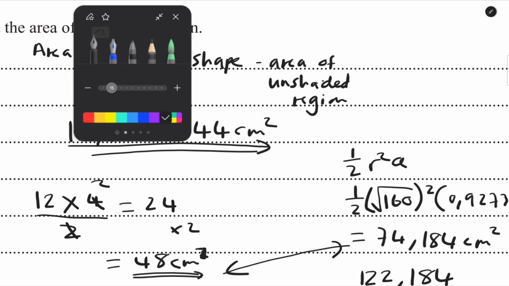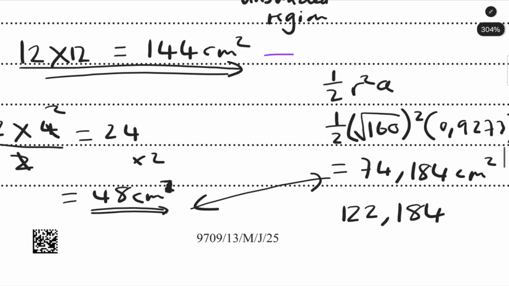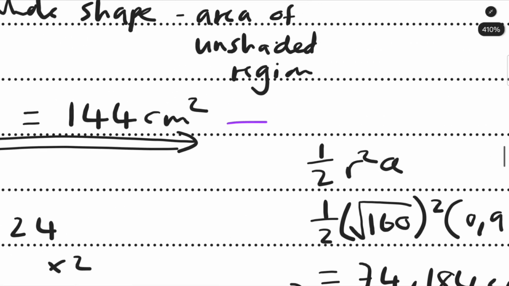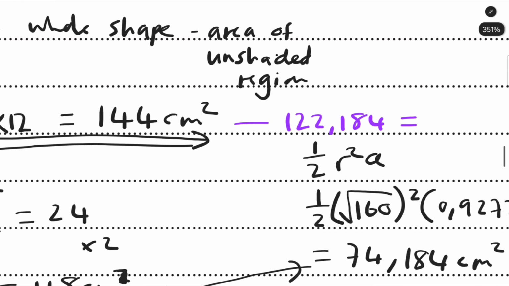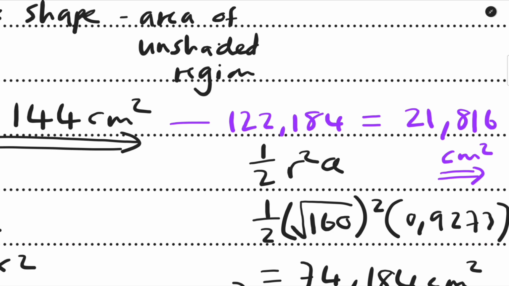So it will be this 144 minus 122.184 to give us the area of the shaded region as 21.816 square centimeters, right?